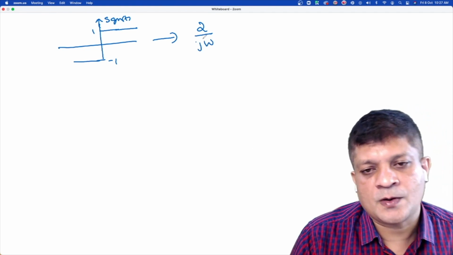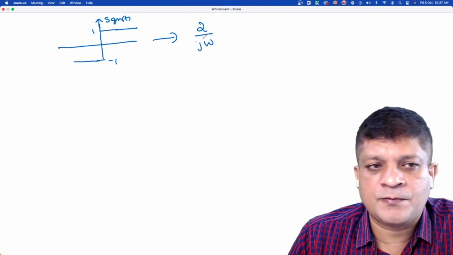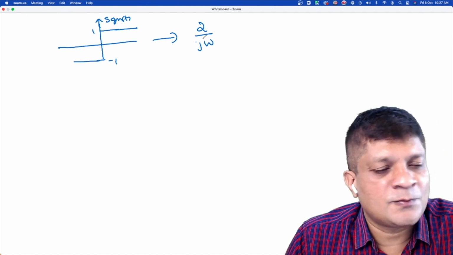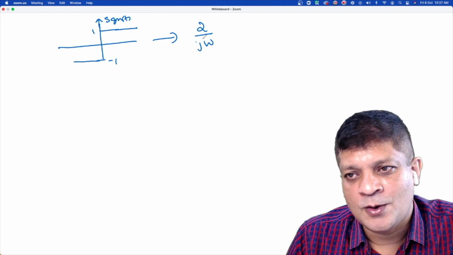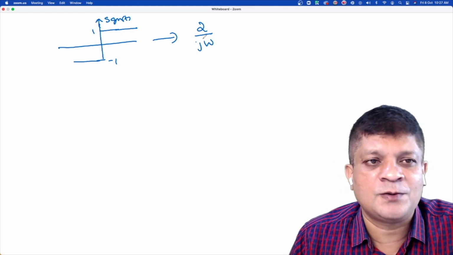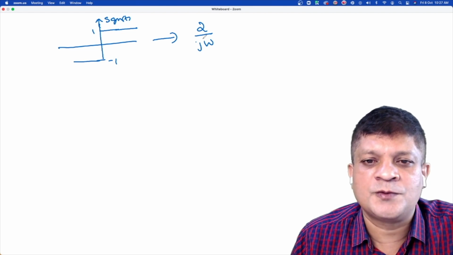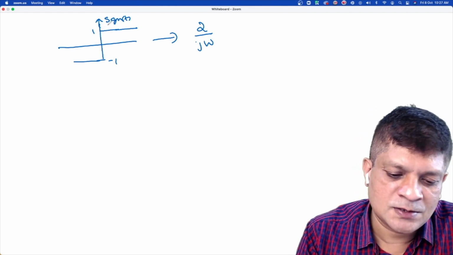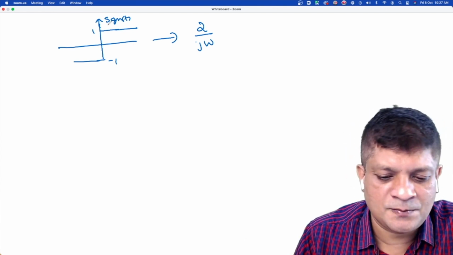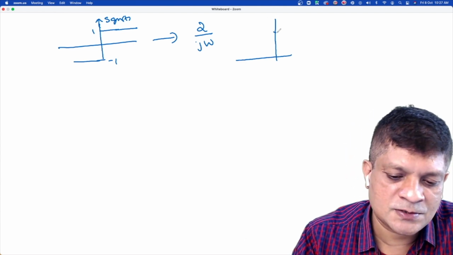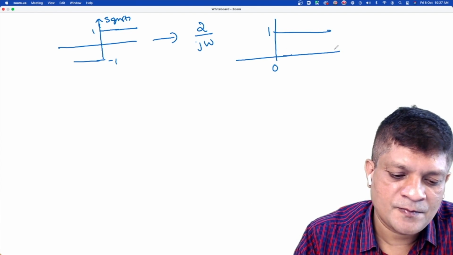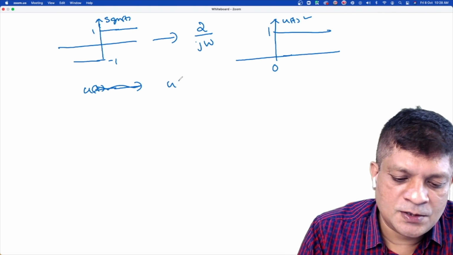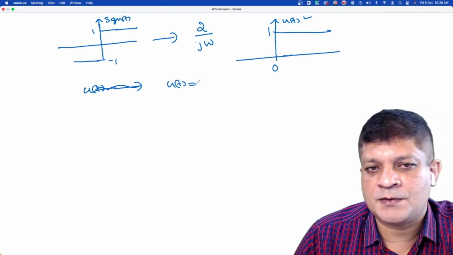Okay. Now what is our objective? We have to prove the integration property. For proving the integration property, we have to find the Fourier transform of the unit step function. Can you tell me how this unit step function is related to the signum function? Ut in terms of the signum function.